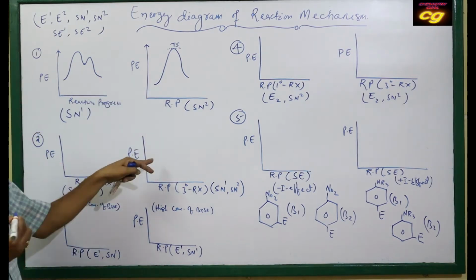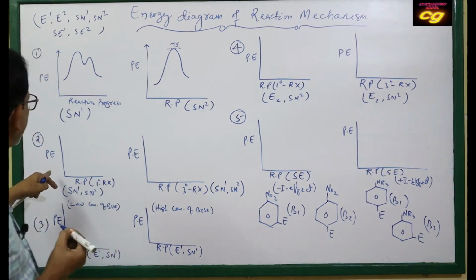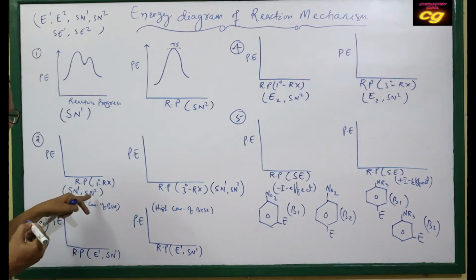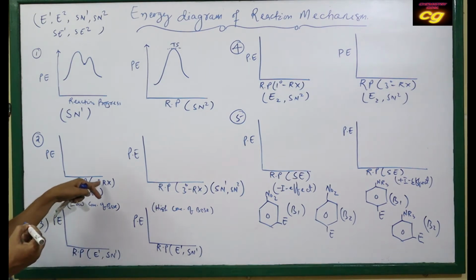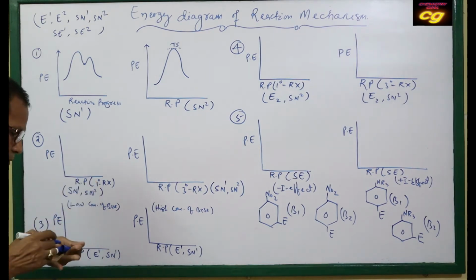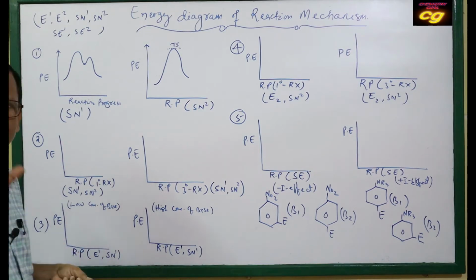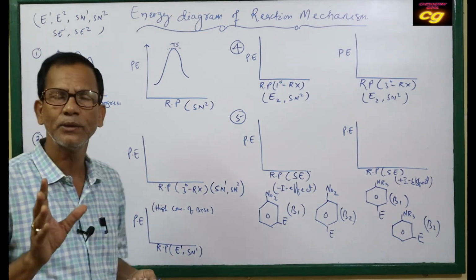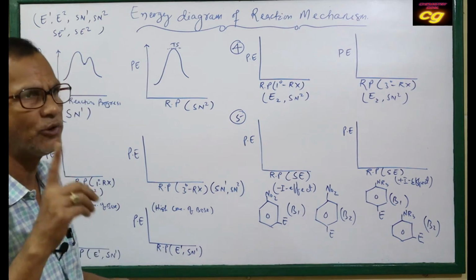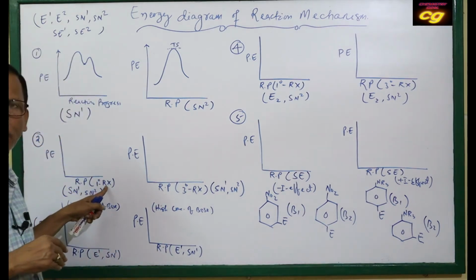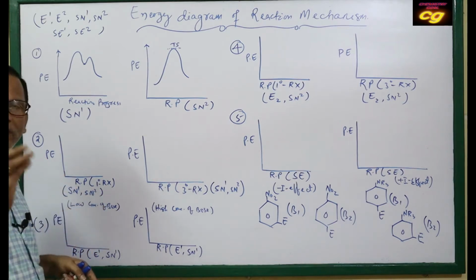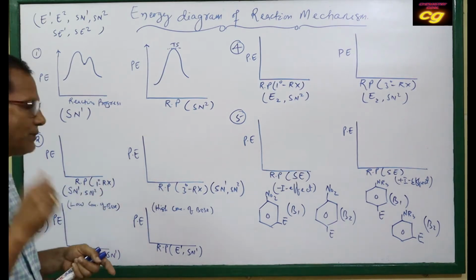Then you see the second graph. In this case, what happens? Here SN1 and SN2 both, SN1 and SN2 reactions for primary haloalkane. Already we have read, in the SN1 reaction, first step is the formation of a carbocation. The carbocation should be more stable. As it is primary haloalkane, the carbocation is less stable.